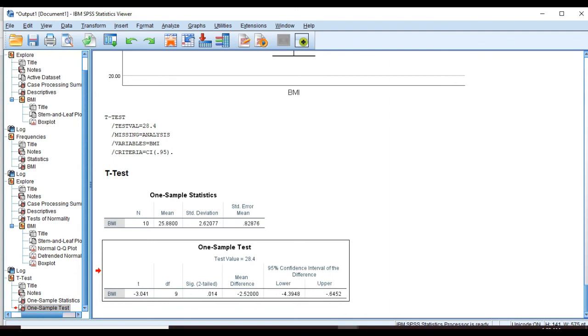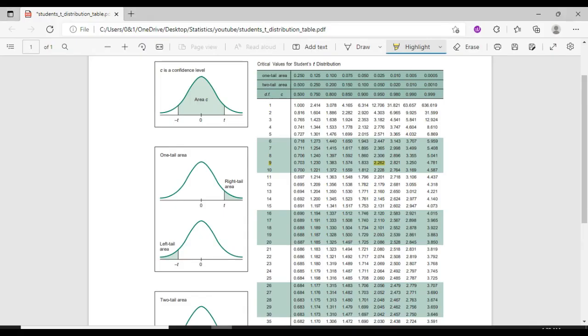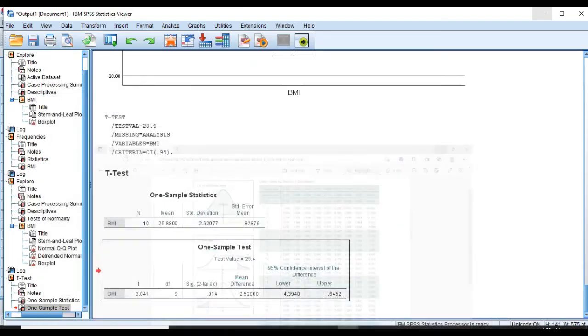But there is something that you should notice: when the t-value is negative, we treat it as its positive counterpart. So here we consider the absolute t-value, which is 3.041. And as you can see, it is larger than 2.262. So our null hypothesis will be rejected.